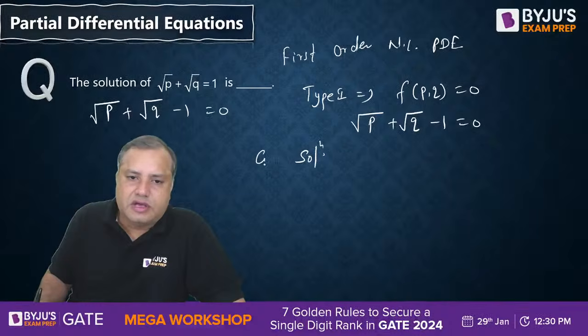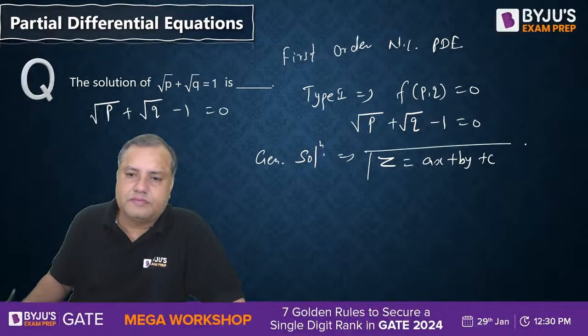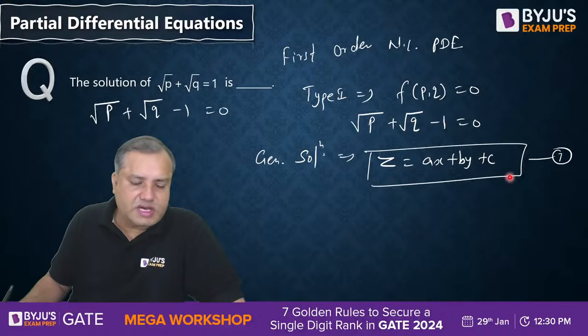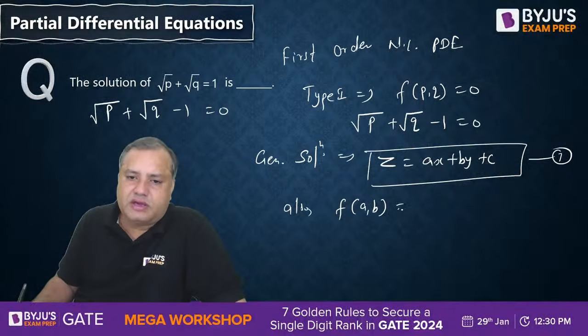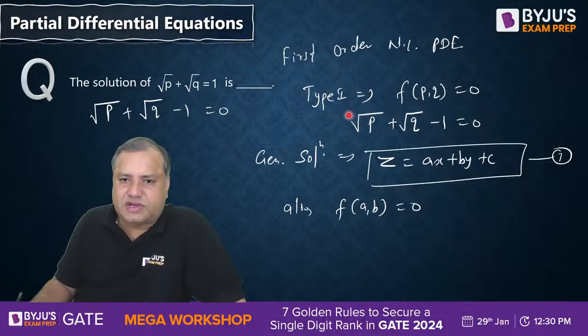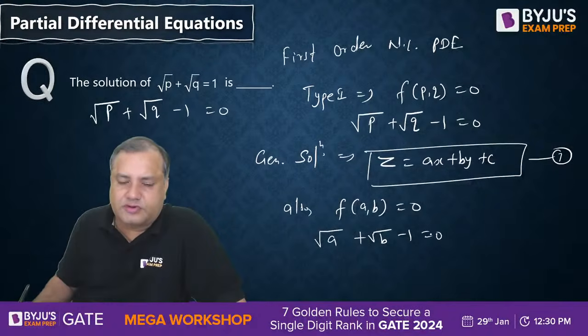General solution will be z equal to ax plus by plus c. Now, we also know that f of a comma b equal to 0. So in this relation, root a plus root b minus 1 equal to 0. So root b equal to 1 minus root a.